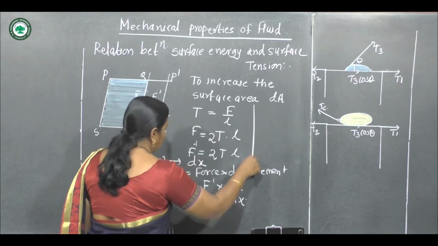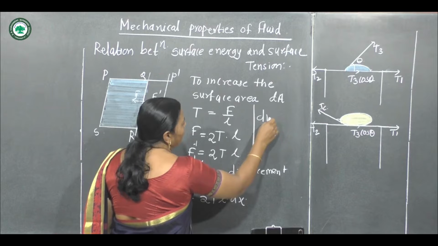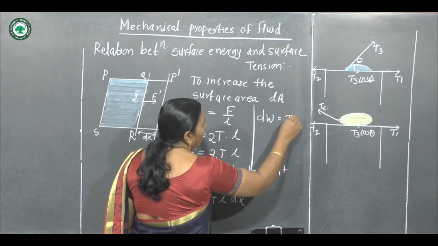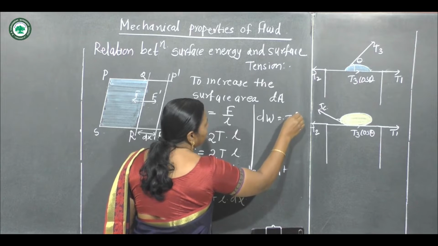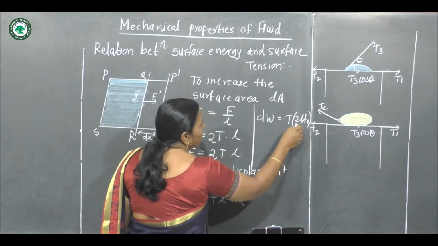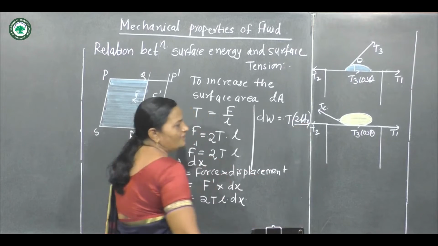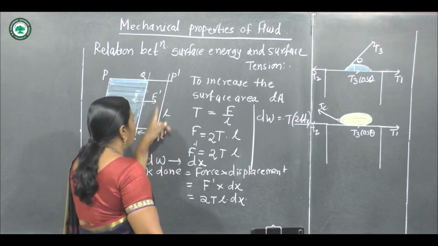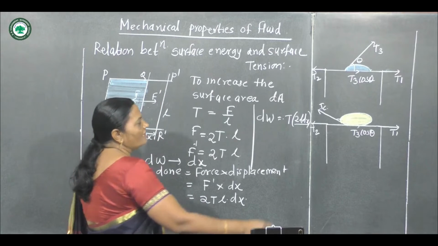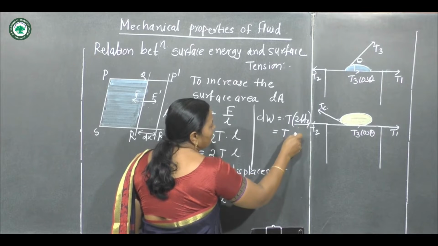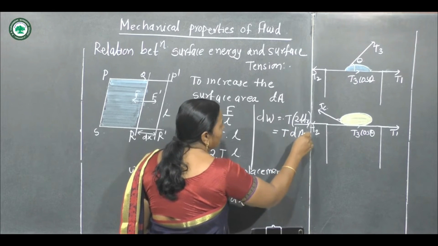Now in this case, the work done dW is equal to T into 2L dx. See, L is the length, dx is the breadth, and this is the area. That is, we can say 2L dx is the increase in area.